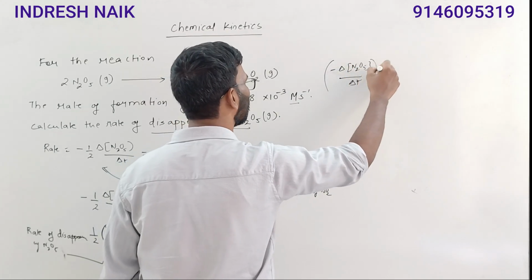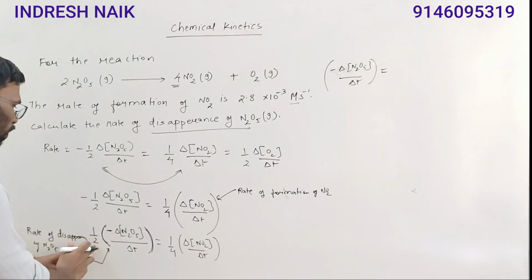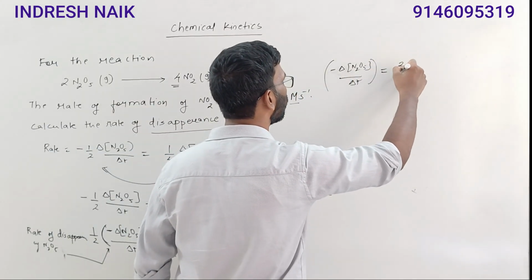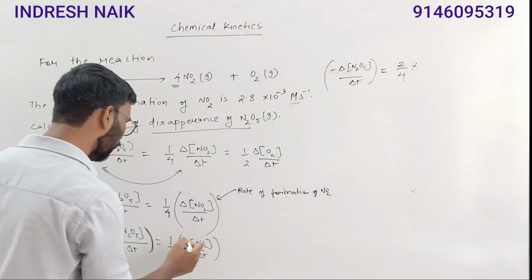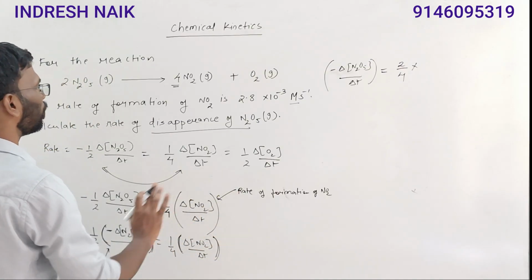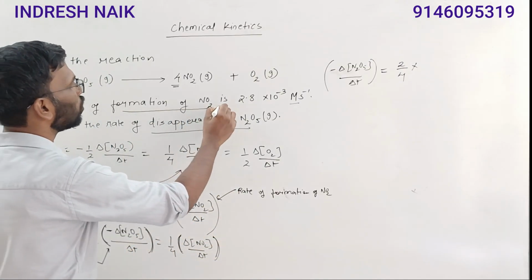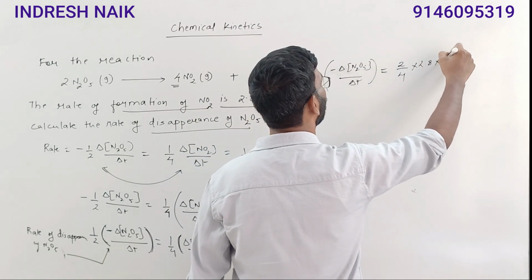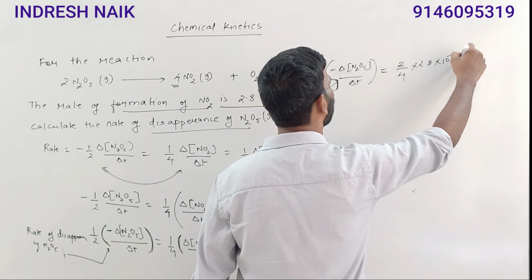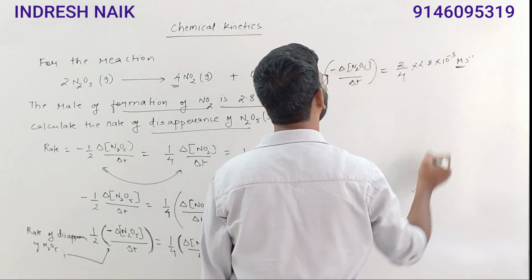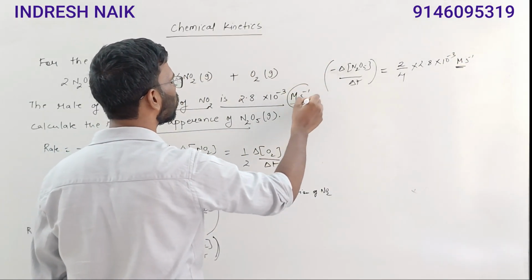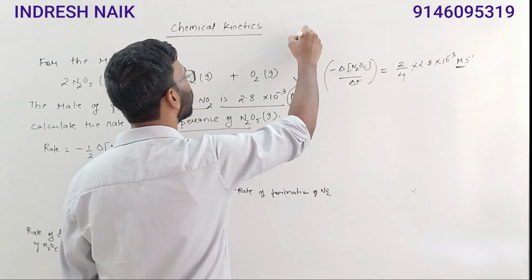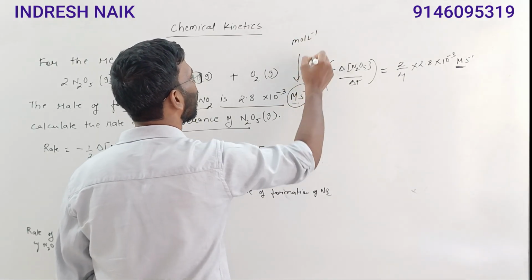So this bracketed term I am writing, minus delta N2O5 by delta T, which is equal to, when this goes over here, this will be 2 by 4. And what is this value? This value is given, rate of formation of NO2 or rate of appearance of NO2 is given to be 2.8 into 10 raised to minus 3. This is the unit which is given. Now what is this unit? Capital M stands for moles per liter and this is per second.